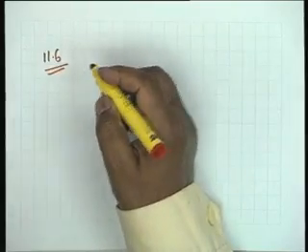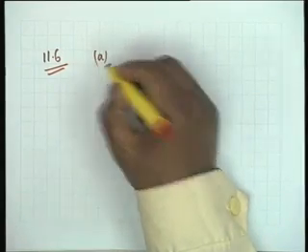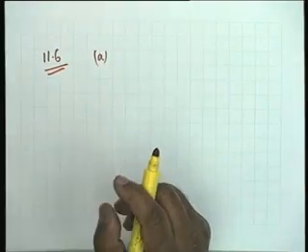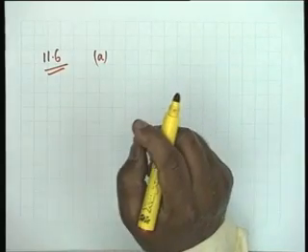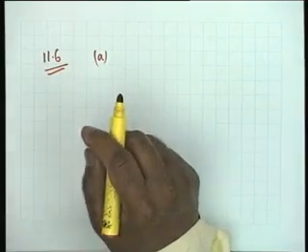The next problem is 11.6. Okay. We will not do all of them. Let us look at A. It says indicate which of the following functions are either RC, RL or LC impedance functions.